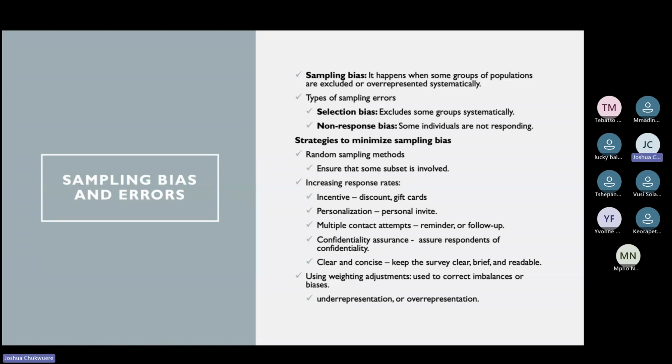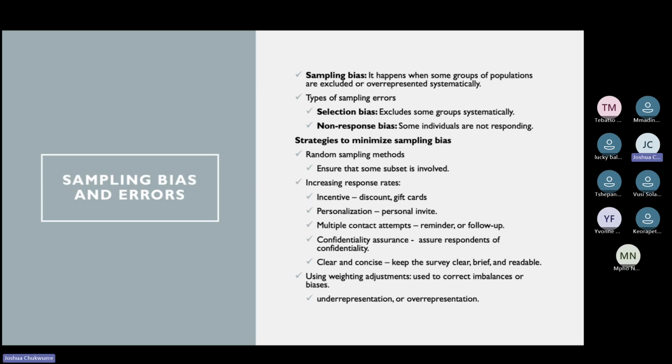Also, increasing your response rate can help you to minimize your sampling bias. In this case, what I'm trying to do is ensure that some subset is involved, by looking at your response rate.